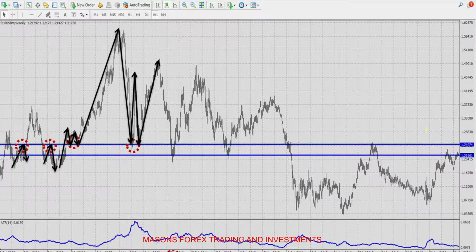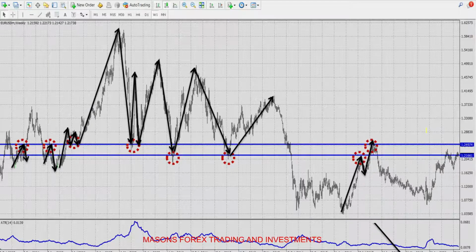Again, it pushes away. We come to this identified level. Price reacts from it again. More reaction from this area. Again, more reaction.